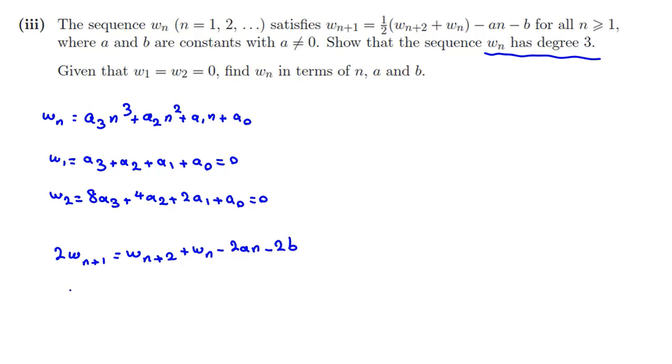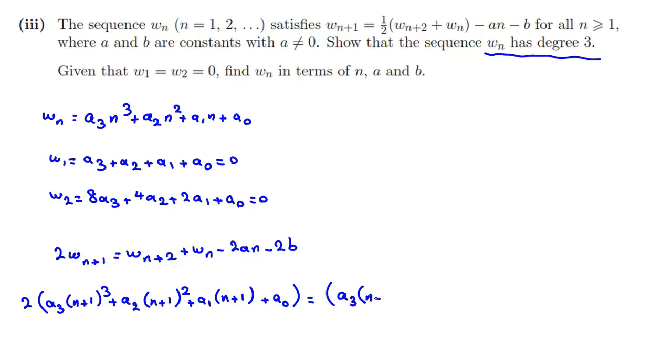And then if we replace with this formula, let's write Wn plus 1 is a3 times n plus 1 cubed plus a2 times n plus 1 squared plus a1 times n plus 1 plus a0, equal to Wn plus 2, which is a3 times n plus 2 cubed plus a2 times n plus 2 squared plus a1 times n plus 2 plus a0.